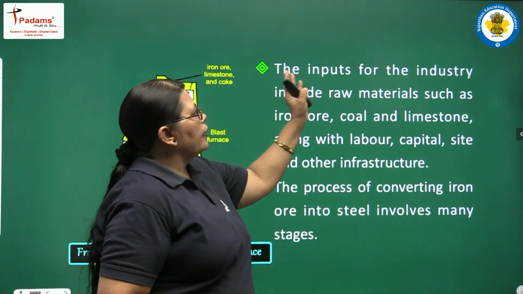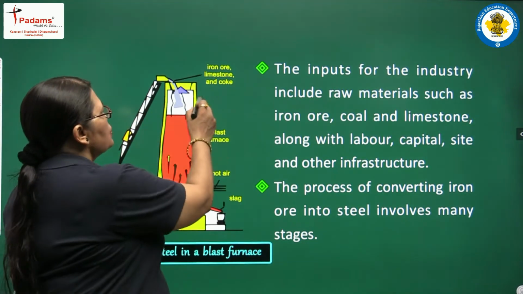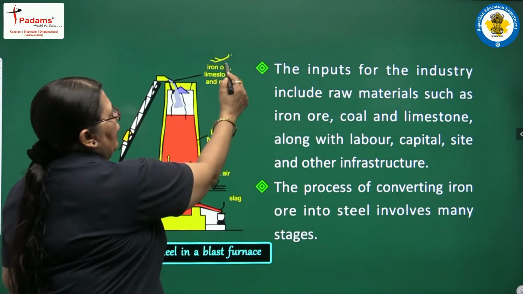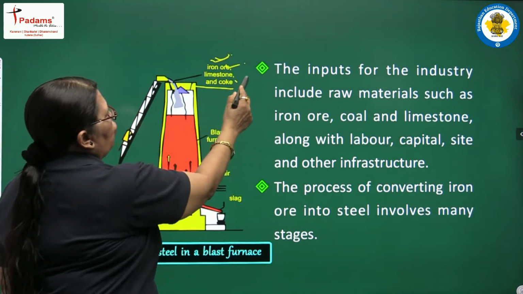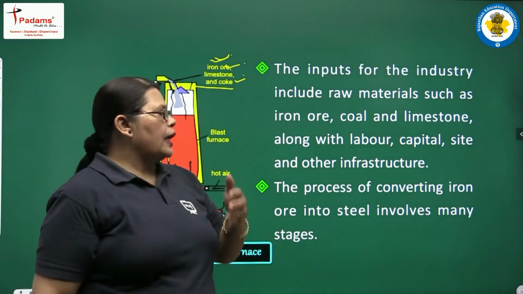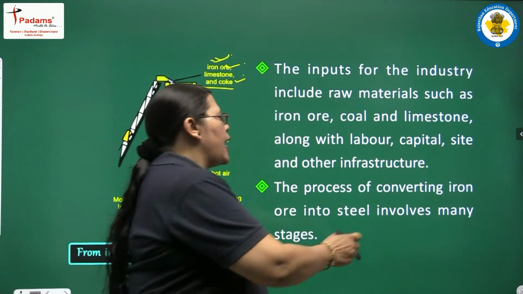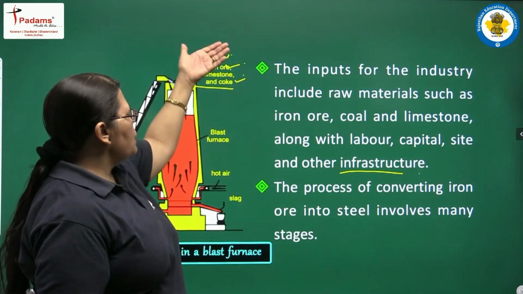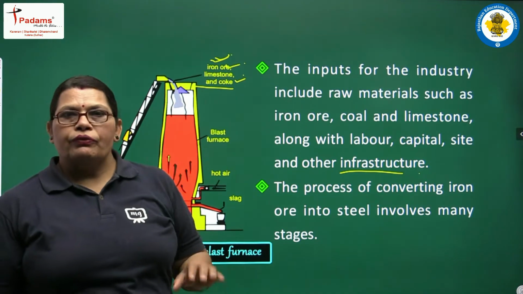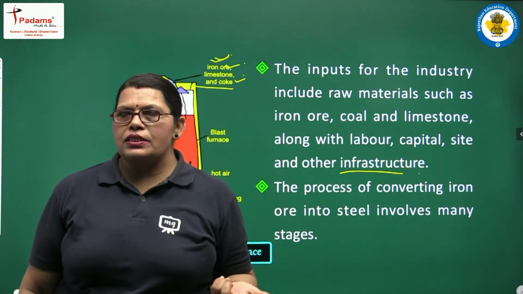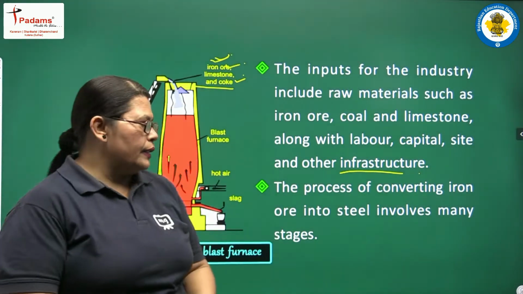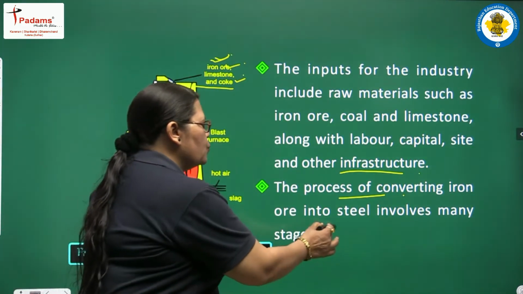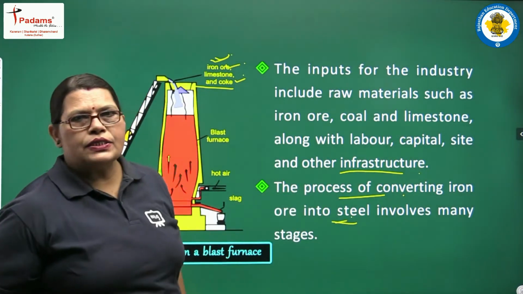See here, the inputs for the industry include raw materials such as iron ore and limestone, with coke and labor, capital, and the main thing, sites and other infrastructure. Then in the next step, the processing step, the process of converting iron ore into steel involves many stages.